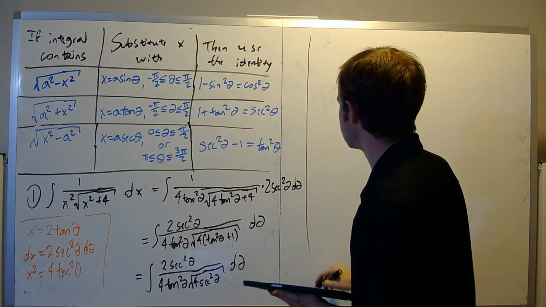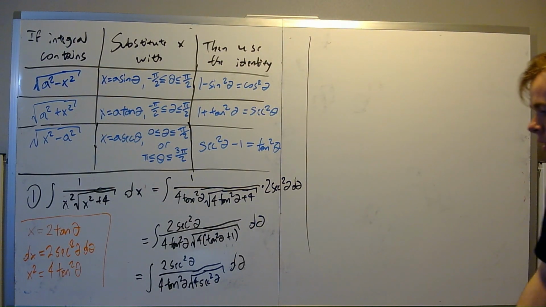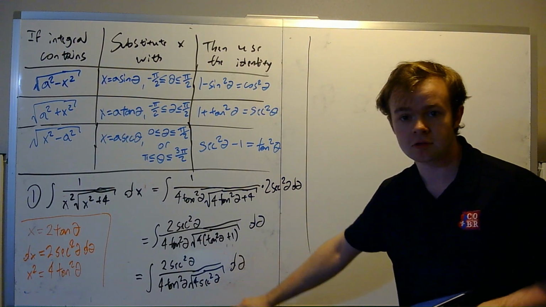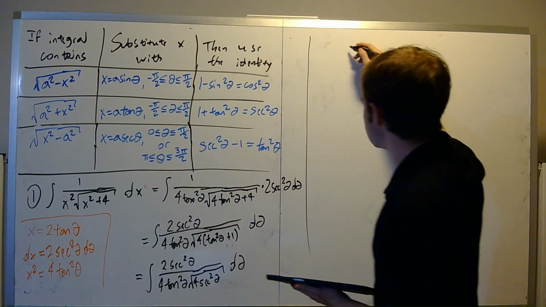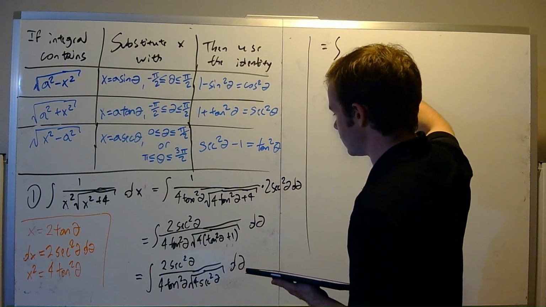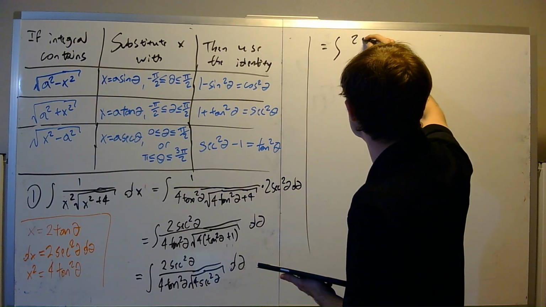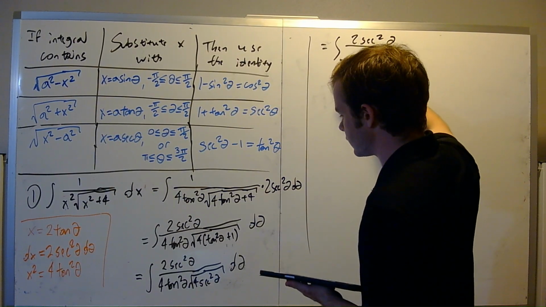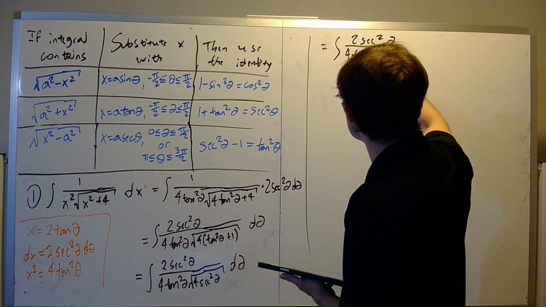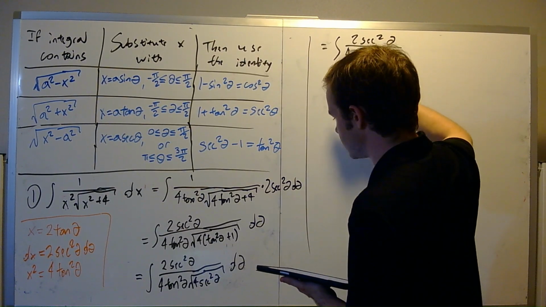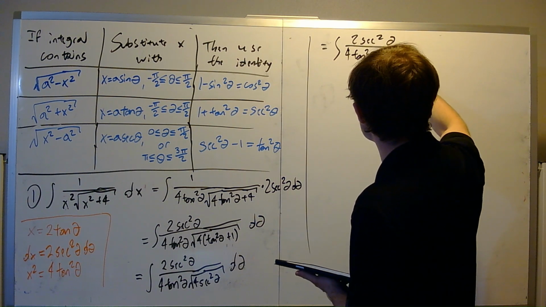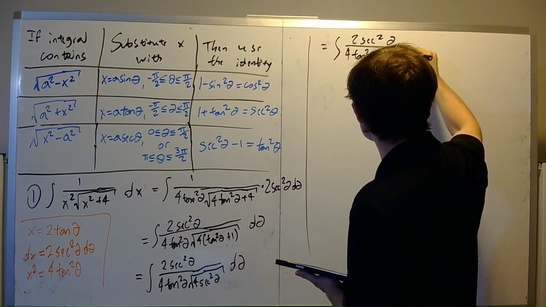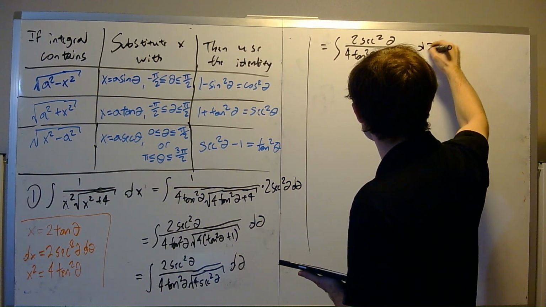And from here, we're just going to try to solve this, right? So here we take the square root of secant squared, that's just secant. So we can rewrite this as the integral of 2 secant squared theta over 4 tangent squared theta times the square root of this, which is going to be times 2 secant theta, d theta.